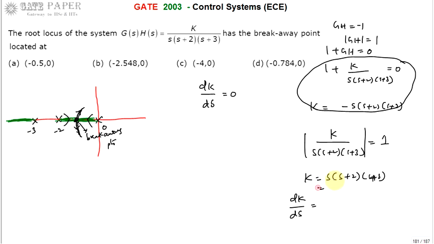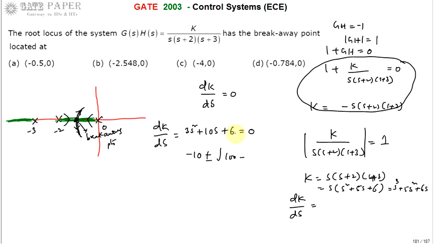Substituting, K = s(s² + 5s + 6) = s³ + 5s² + 6s. So dK/ds = 3s² + 10s + 6 = 0. Solving using minus b plus or minus the square root of b² minus 4ac, where 4ac is 4 times 3 times 6 = 72, divided by 2a, that is 6, we get two points: minus 0.784 and minus 2.548.